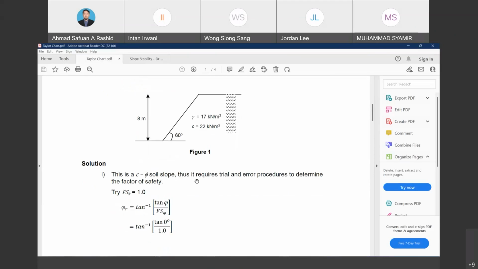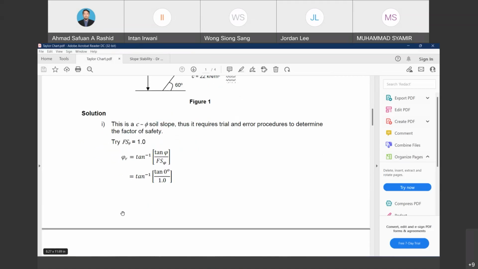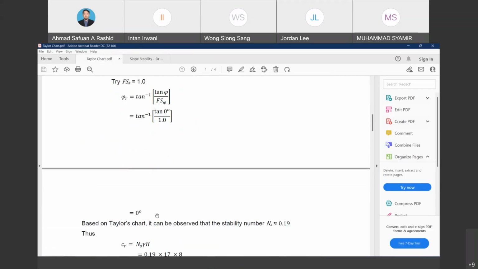So it requires a trial and error procedure to determine the factor of safety. To begin with, the factor of safety is equal to 1. In this case, because phi is equal to 0, definitely the phi r will also become 0. For example, if we increase the value of the factor of safety to 2, at the end the phi r will also become 0.